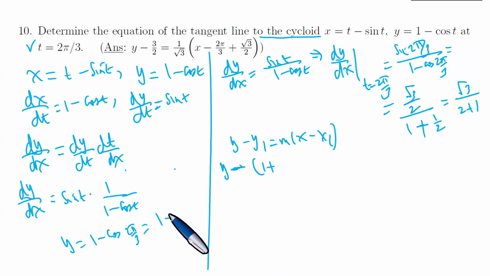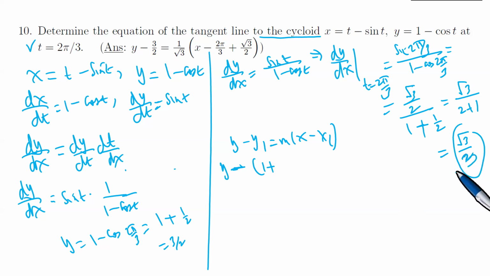It's 1 plus 1/2, which is 3 over 2. So you have that y1 is 3 over 2.